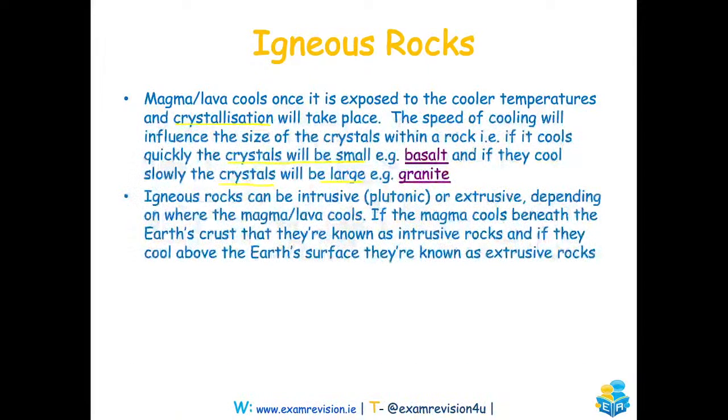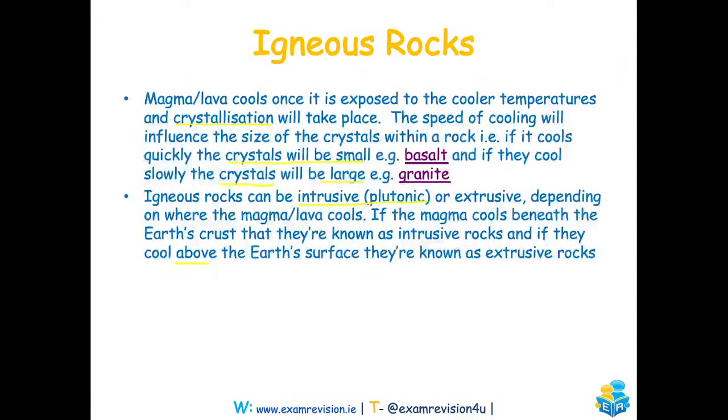Igneous rocks can be intrusive, another name for which is plutonic, or they can be extrusive, so out of the ground, exiting the ground, depending on whether the magma or the lava cools above or below. If the magma cools beneath the Earth's crust, it's known as intrusive rock, and if it cools above the Earth's surface, it's known as extrusive.